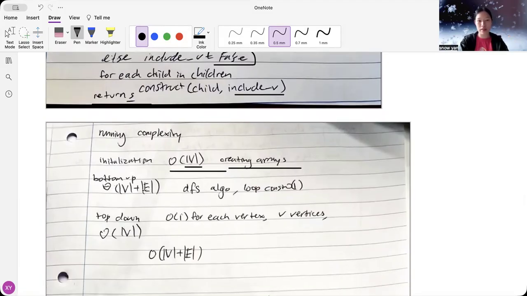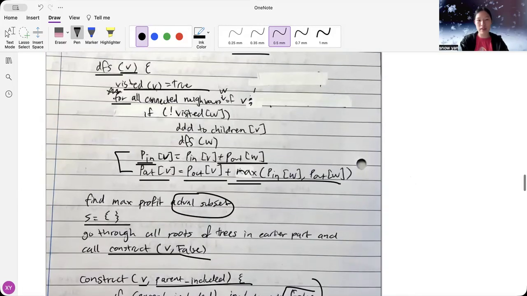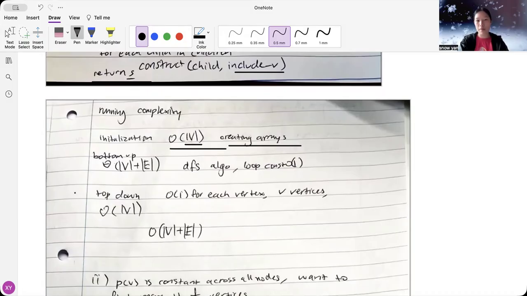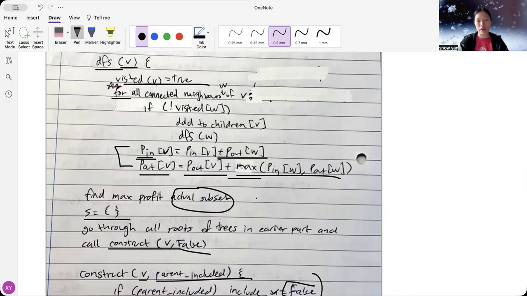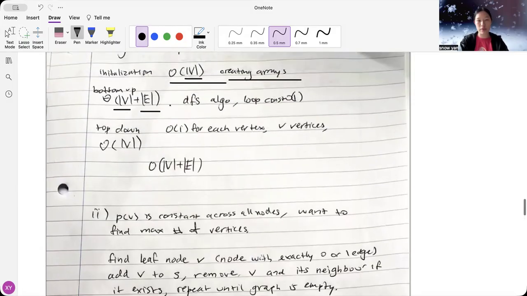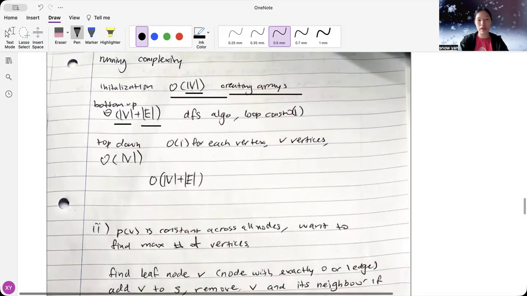And then in the first part where I call the DFS, this bottom-up approach, I would have to go through the vertices and the edges, which would be O of V plus E. The operations inside the loops would just be constant. So hence it would be O of V plus E. And then for the top-down approach, I would have to go through each vertex, and hence it would be O of V. So my algo in total would be O of V plus E, which is what I need.